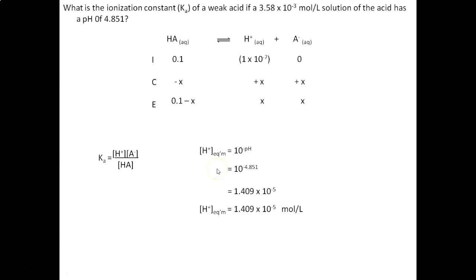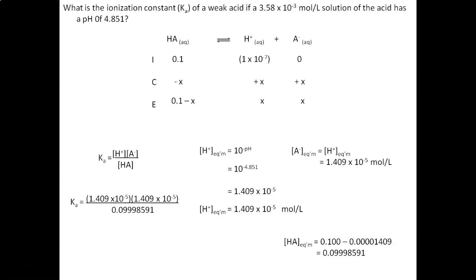So I can substitute that in, and I get my equilibrium concentration of my proton, which tells me my value of X. So I can substitute it in to determine the equilibrium concentrations of my other two entities. And now that I know my equilibrium concentration of everything, I can substitute it into my equilibrium expression and calculate the value of my ionization constant.